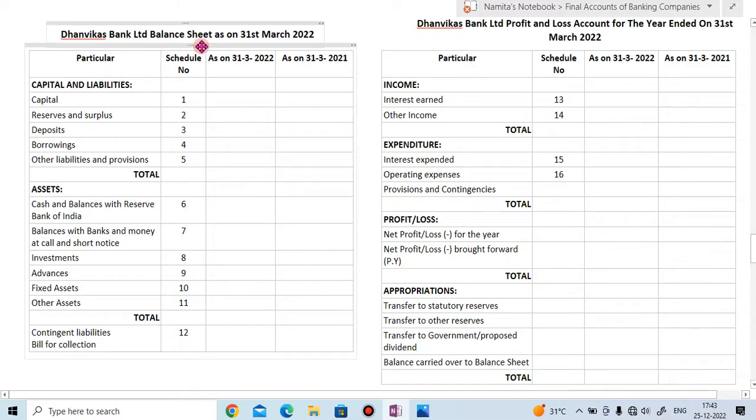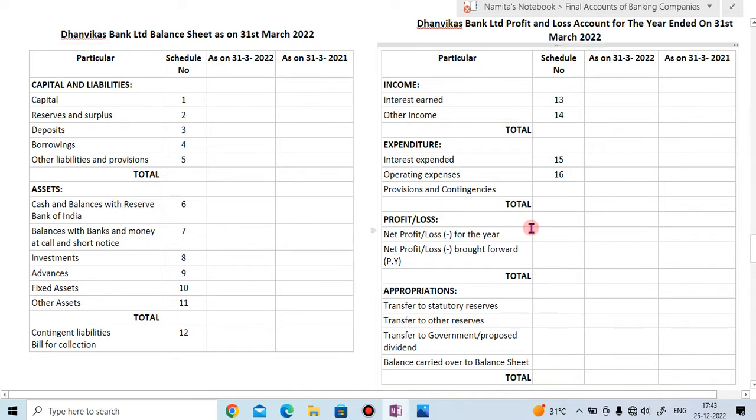So you can see the balance sheet is in a vertical format. So in vertical format, the first will be liabilities, next will be the assets. Then here in the profit and loss account also, income is at first, then expenditure, then profit and loss account, and appropriations are given. Okay, so in this format the bank has to prepare the balance sheet and the profit and loss account.